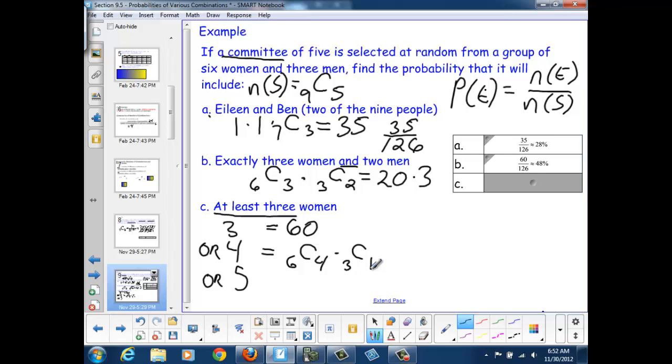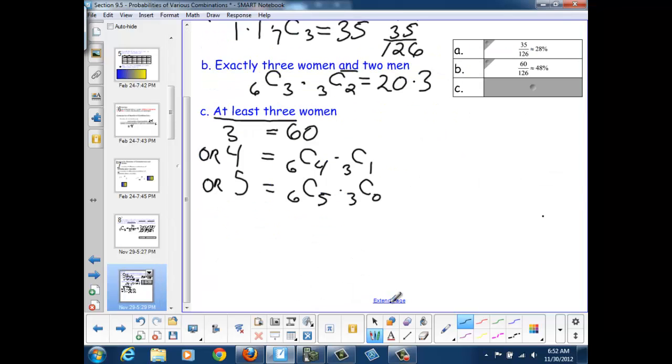5 women would be 6C5, and then multiplied by 3C0. Now we know there's only one way to choose 0 out of 3, so 3C0 is going to be 1.